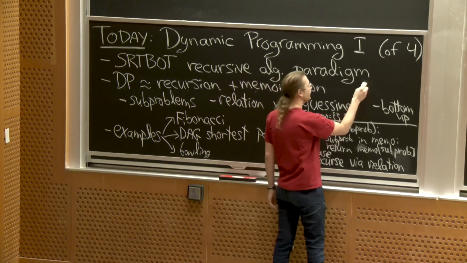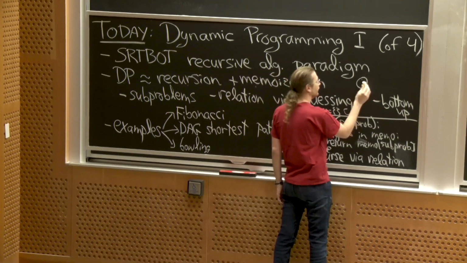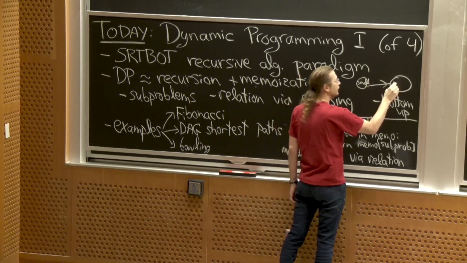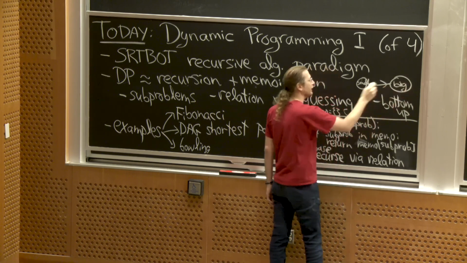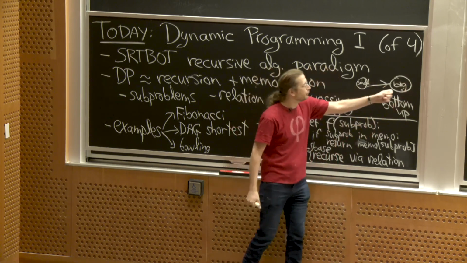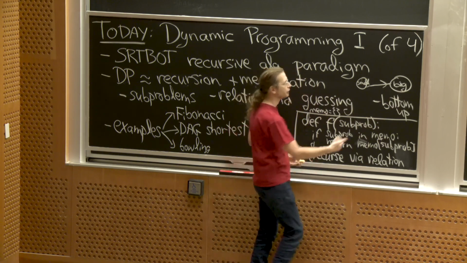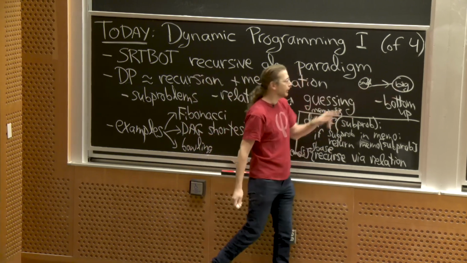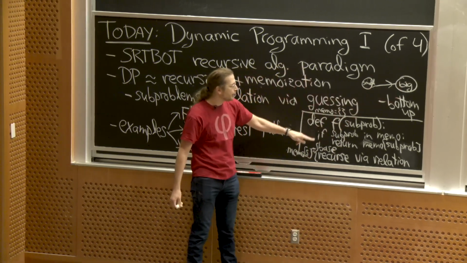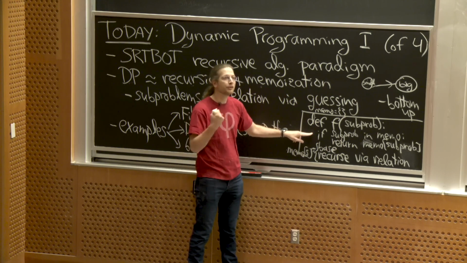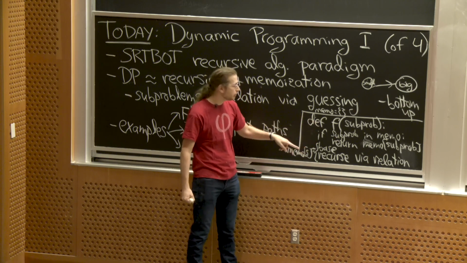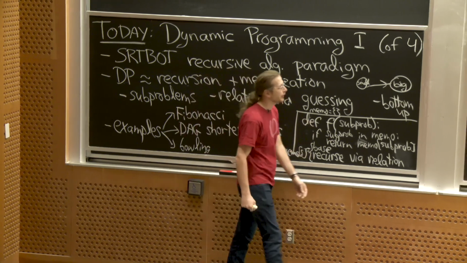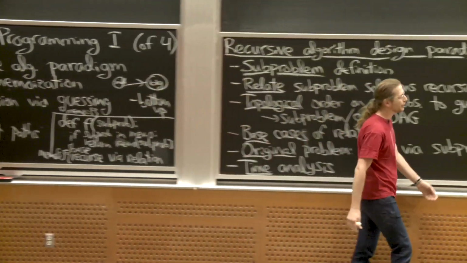If I orient the edges from my smaller subproblems to the ones that need them, then I'm actually depth first searching backwards in this graph because the bigger problem calls the smaller problem. And the memo table is serving as the have-I-visited-this-vertex-already check in DFS.